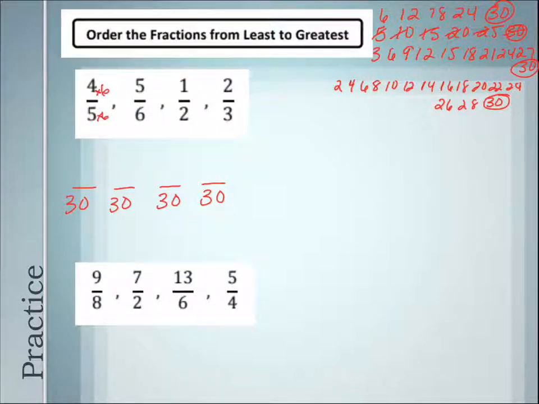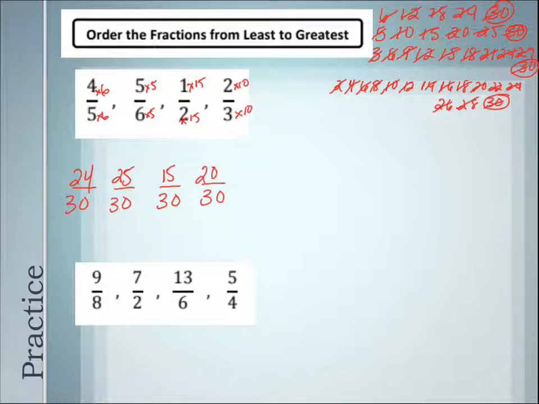So 5 times 6 is 30, 4 times 6 is 24. 6 is multiplied by 5, so that means I have to multiply 5 by 5 and get 25. 2 is multiplied by 15, so 1 times 15 is 15. And then 3 is multiplied by 10, so 2 times 10 is 20.